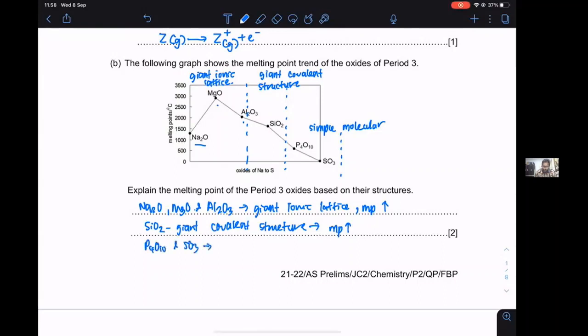They are going to have simple molecular structure, so they have weak forces of attraction. Therefore, they are going to have lower melting point. So you just explain about that. Once you mention this, then any of these three, if you mention two statements over here, you will be given 2 marks. That's it for this.